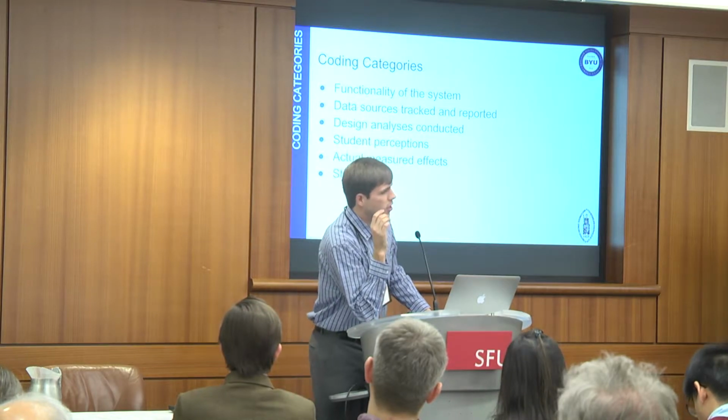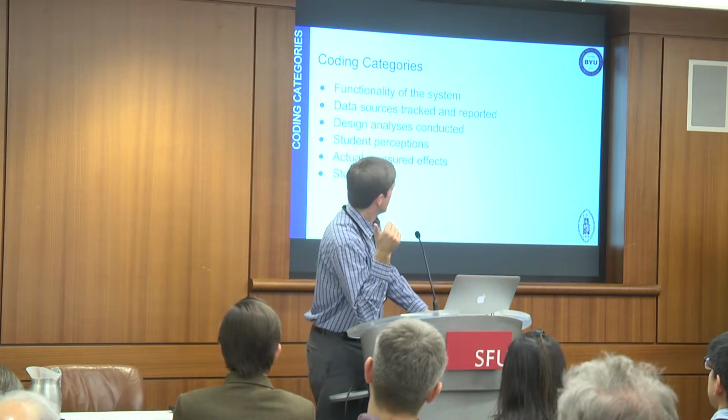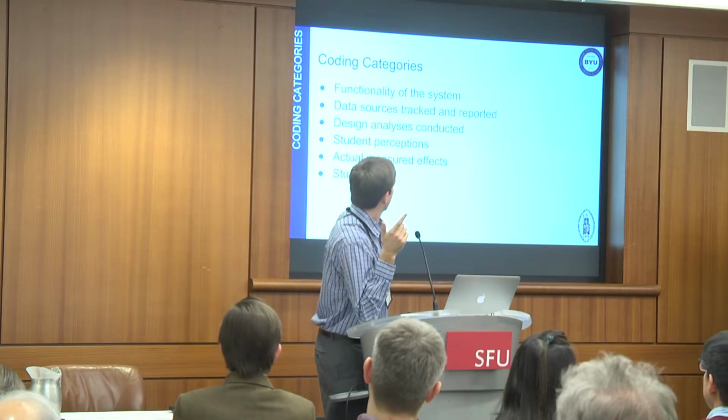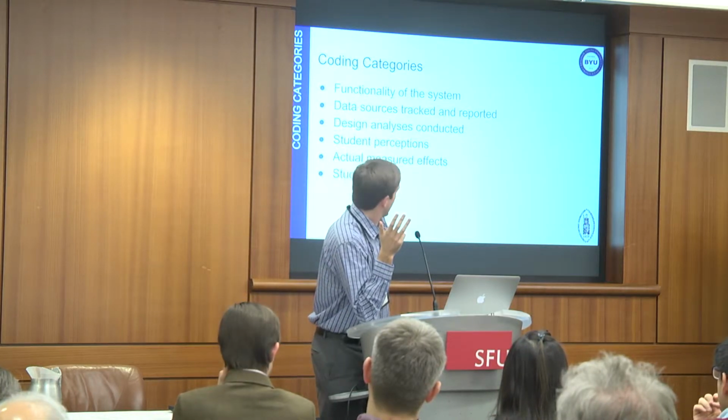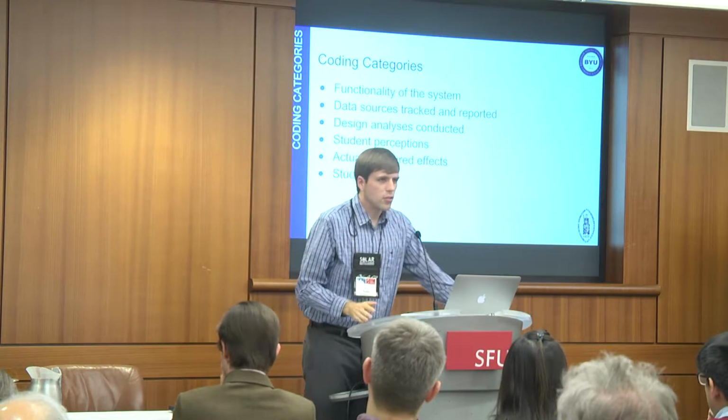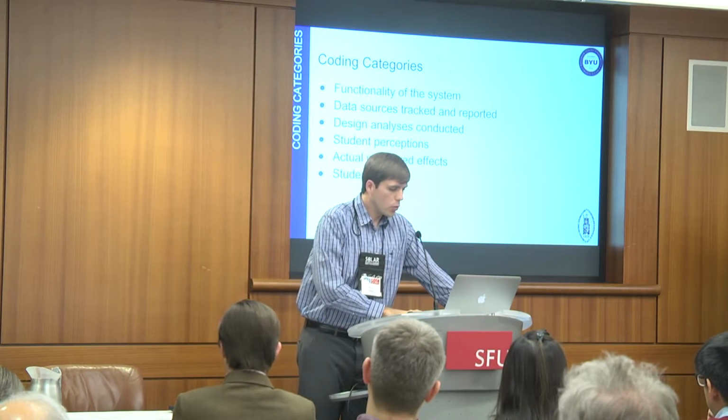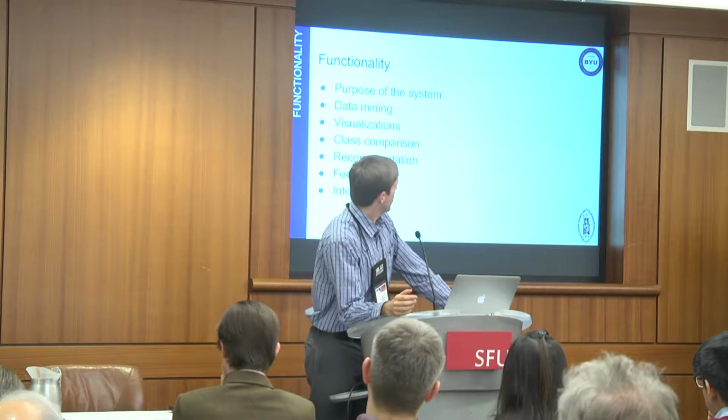These were the coding categories: functionality of the system, data sources tracked, design analyses conducted, student perceptions, actual measured effects, and then student use. Within each of those categories, we had subcategories.